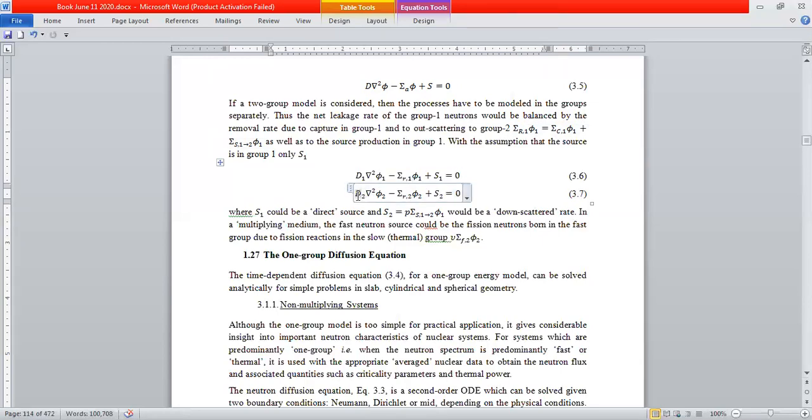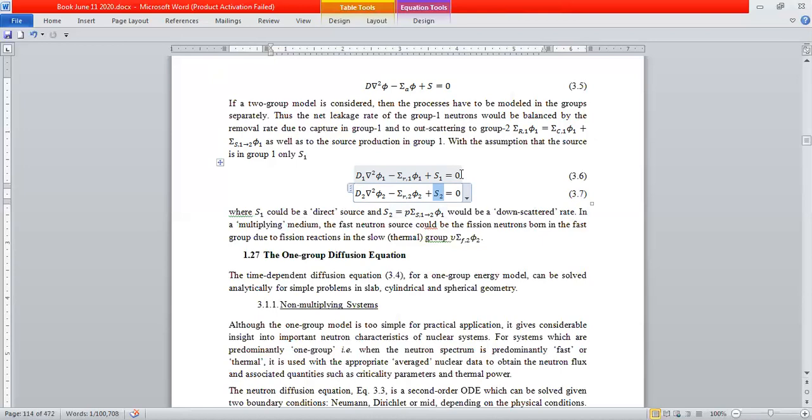But group 2, as you see over here, has a source minus a capture term minus a leakage term, all in group 2. Now what about this source? This source could be a direct source, and S1 could be a direct source. You could have a fast neutron source over here from californium 252, as I mentioned, or americium beryllium.